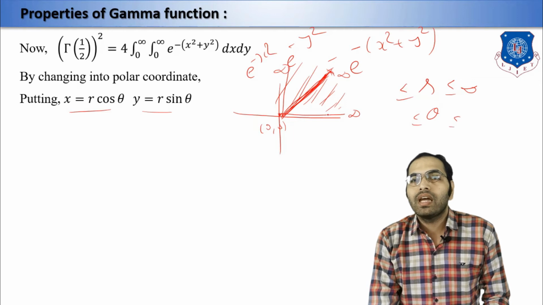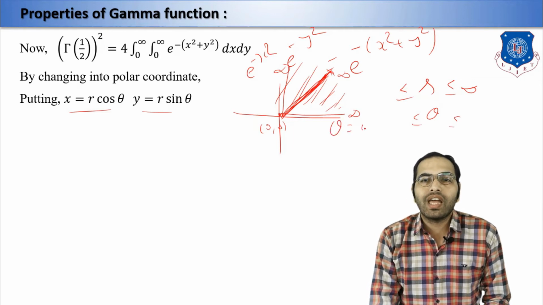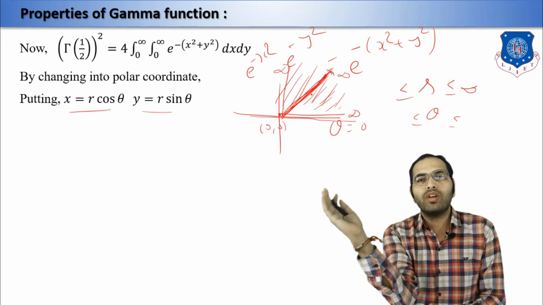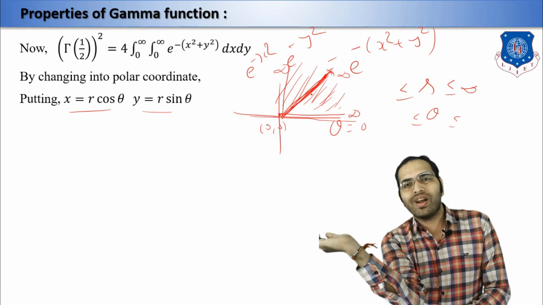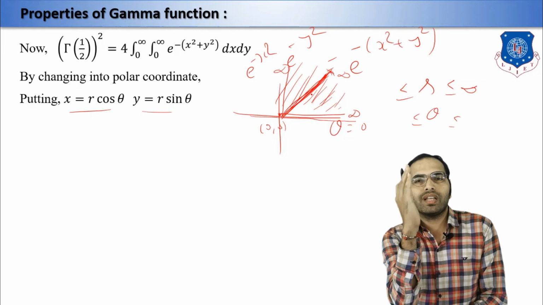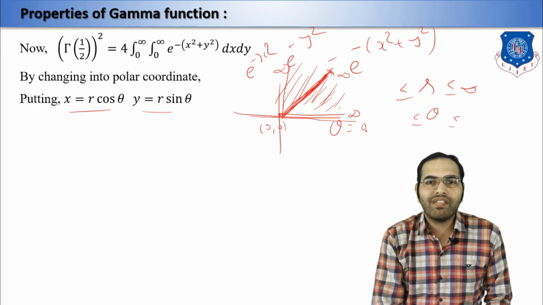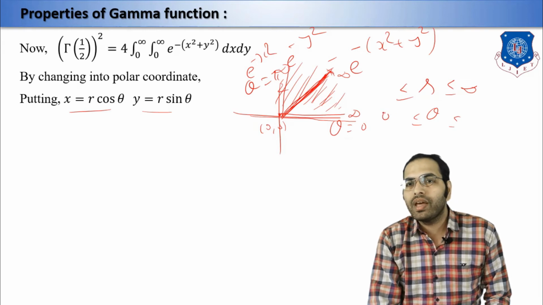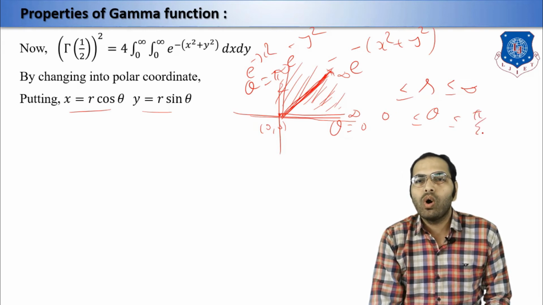Another limit is theta, where theta equals 0 is our initial line. Our region lies in the first quadrant, so with the movement of the angular strip in the first quadrant, at this position the value of theta is 0 and at this position theta is pi by 2, which means theta varies from 0 to pi by 2.